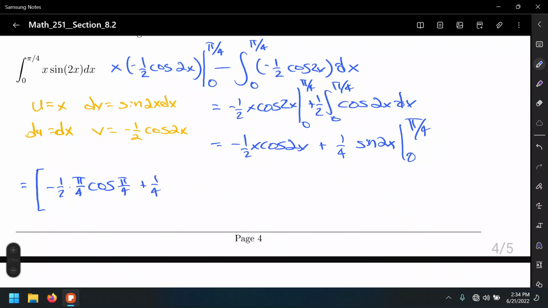Plus 1/4 sine 2x. Well, that's 2 times pi over 4. Minus, okay. What's going to happen in this case? Oh, you forgot the 2 next to the cosine. The 2 next to the cosine. Yes, right here, right? Thank you. Let me rewrite it.